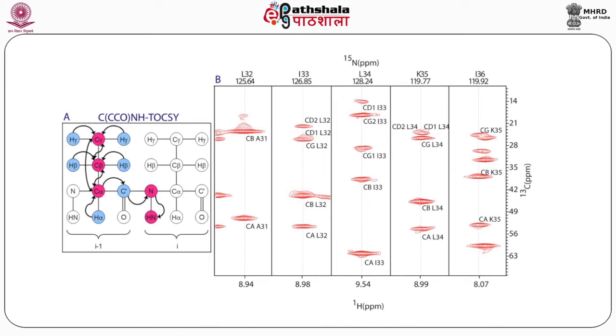For example, if we look at the strip of L34, this is taken at a nitrogen chemical shift of 128.24 and a proton chemical shift of 9.54. It shows the preceding Ca of I33, then on top you have C beta of I33, and then the Cg1 and Cg2, and also you see Cd1 of I33. So, that is how the carbon chemical shifts of side chains are assigned.